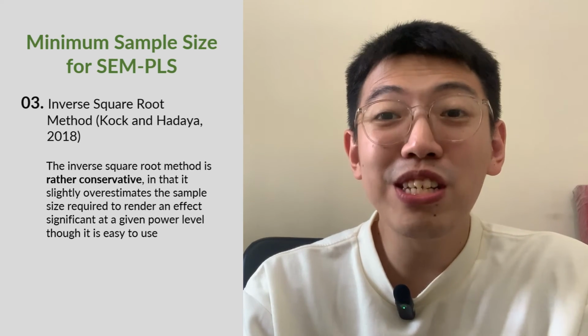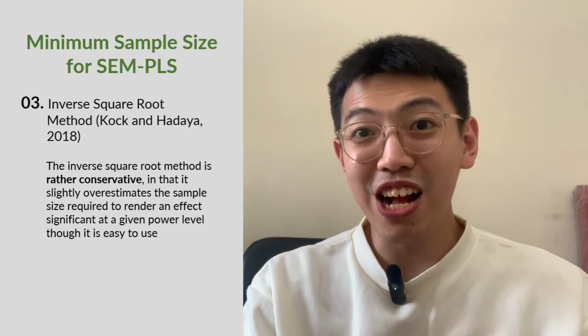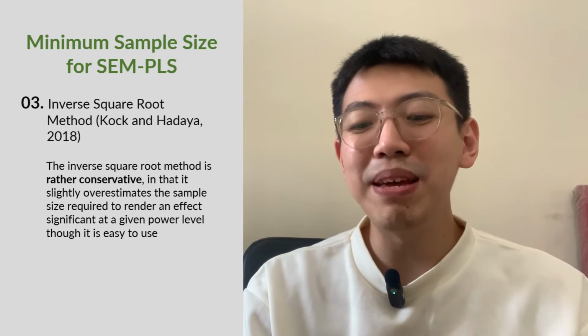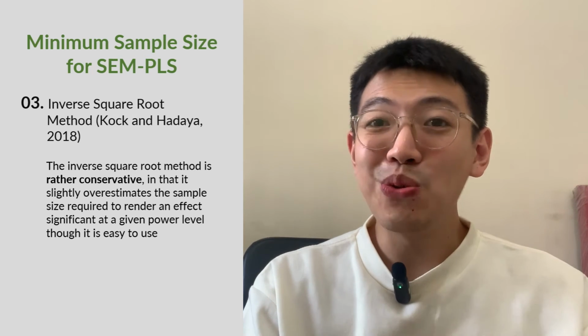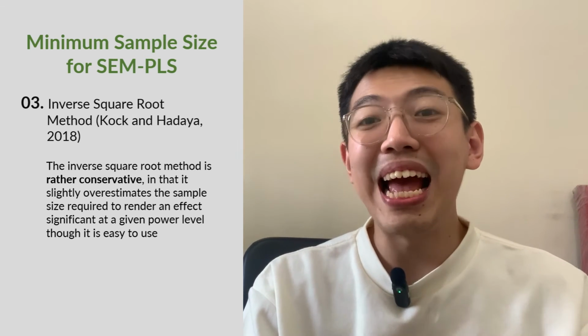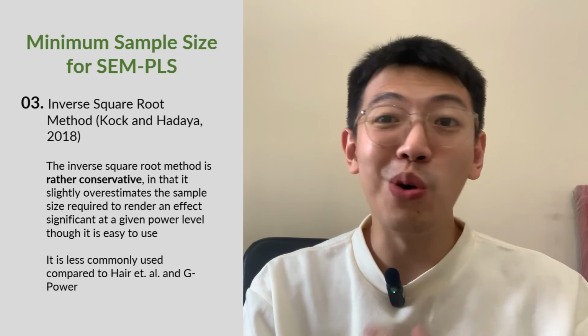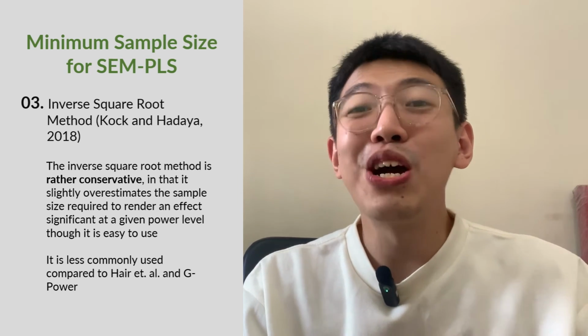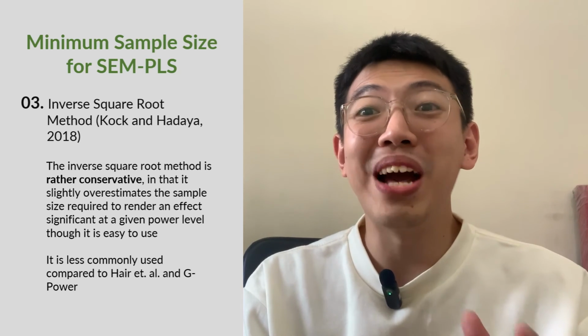However, the inverse square root method is rather conservative in that it slightly overestimates the sample size required to render an effect significant at a given power level, though it is easy to use. And it is less commonly used compared to G-power and also Hair et al.